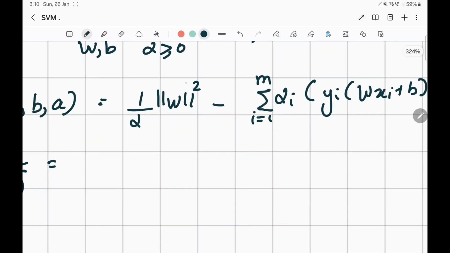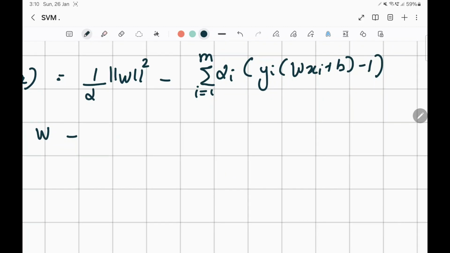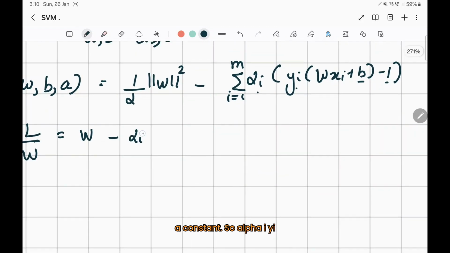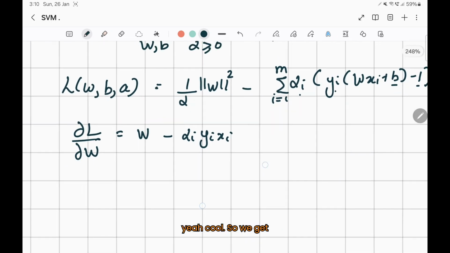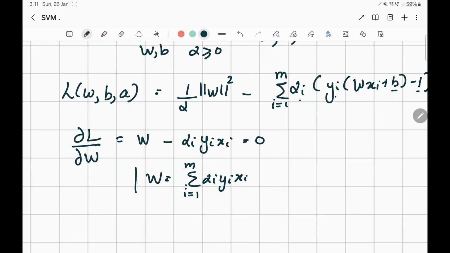Seeing this, the 2 comes down, we'll get w minus, this won't count, this is a constant, this will be treated as a constant. So alpha I yi xi, because w again. So we get w equals 0. So we get w is equal to the summation i equal to 1 to m alpha I yi xi.